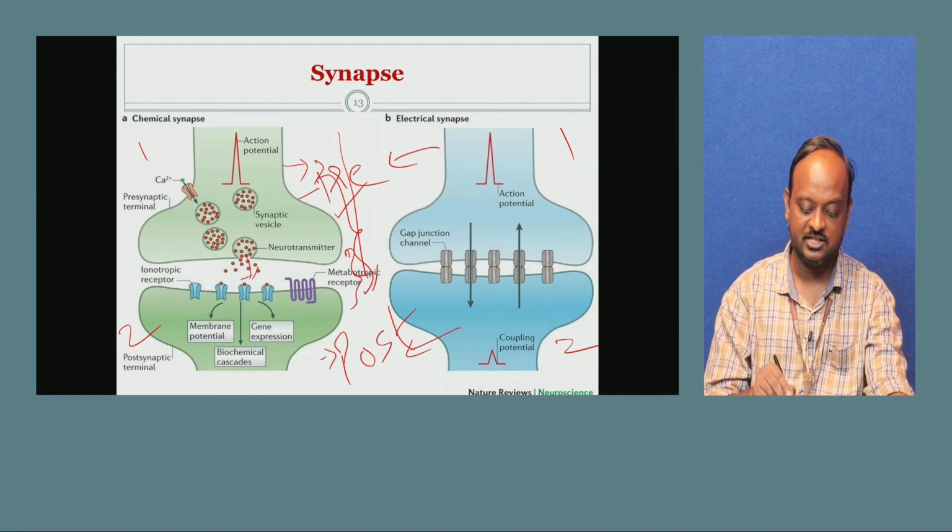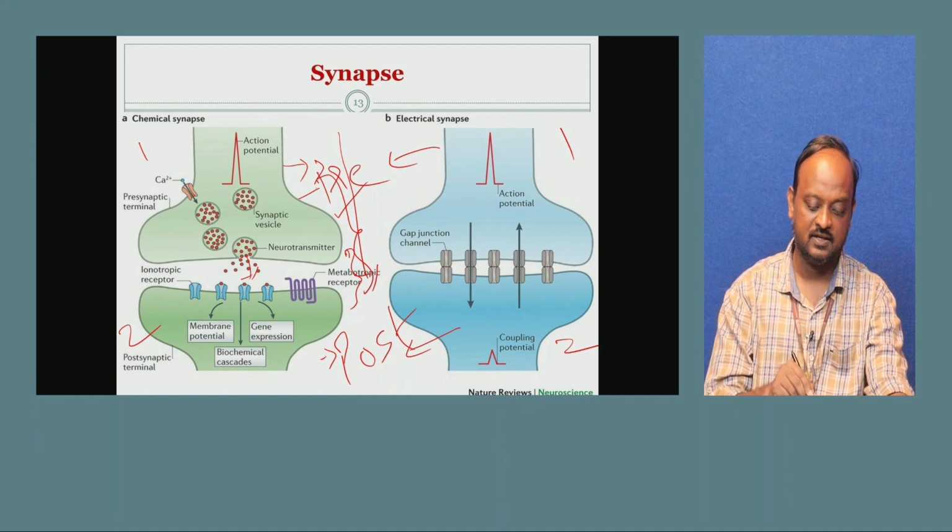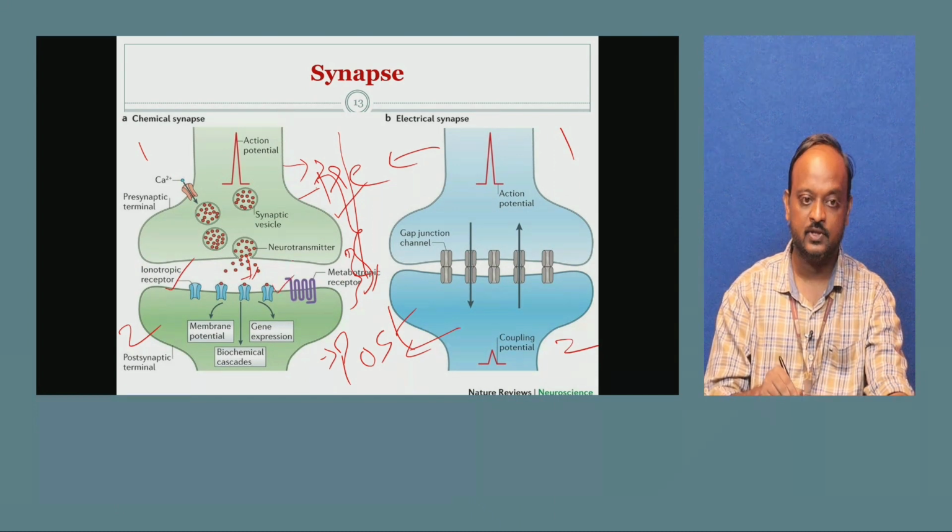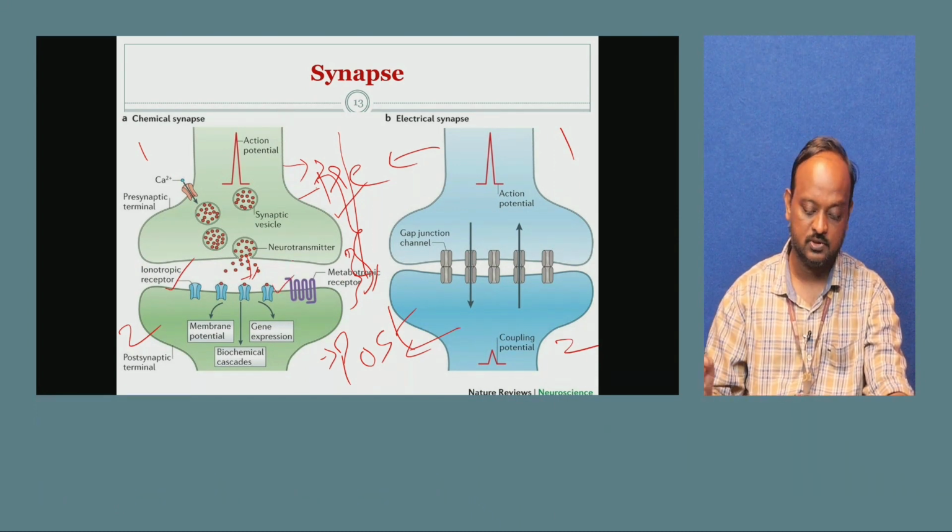This space is called the synaptic cleft, and neurotransmitters like acetylcholine, GABA or dopamine are released into it. The neurotransmitters then move through the synapse and bind to the receptors present on the postsynaptic neuron, right?